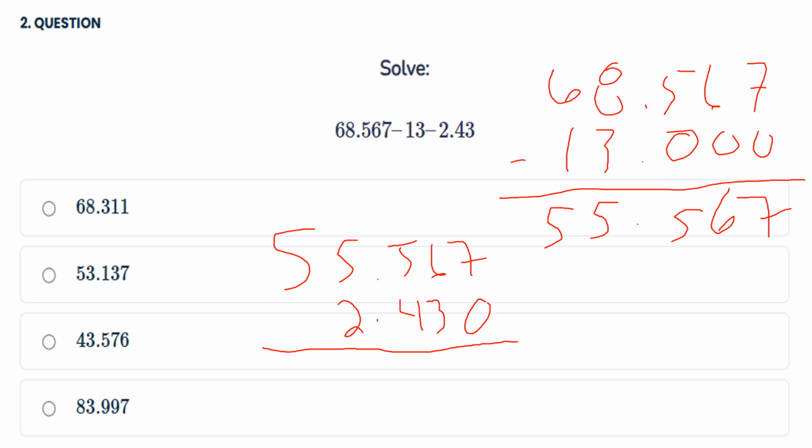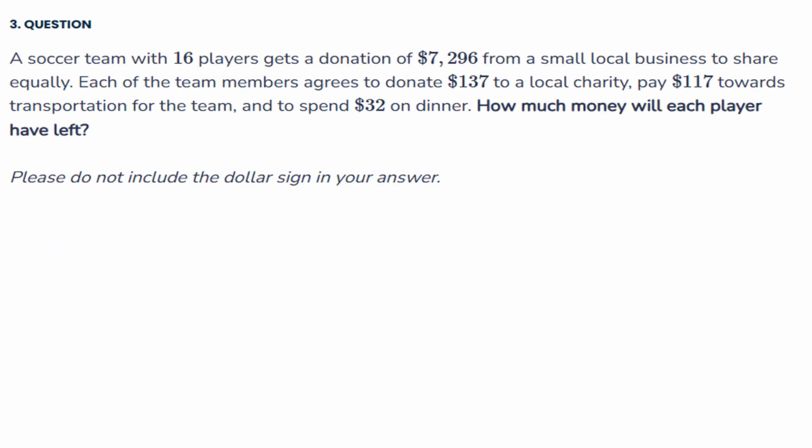So now we just do our subtraction. 7 minus 0 is 7. 6 minus 3 is 3. 5 minus 4 is 1. We put our decimal point. 5 minus 2 is 3. And 5 minus 0 is 5. So the answer for this is 53.137.